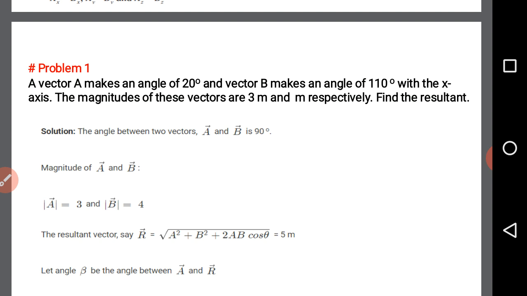The magnitudes of these vectors are 3 meters and 4 meters respectively. Find the resultant.